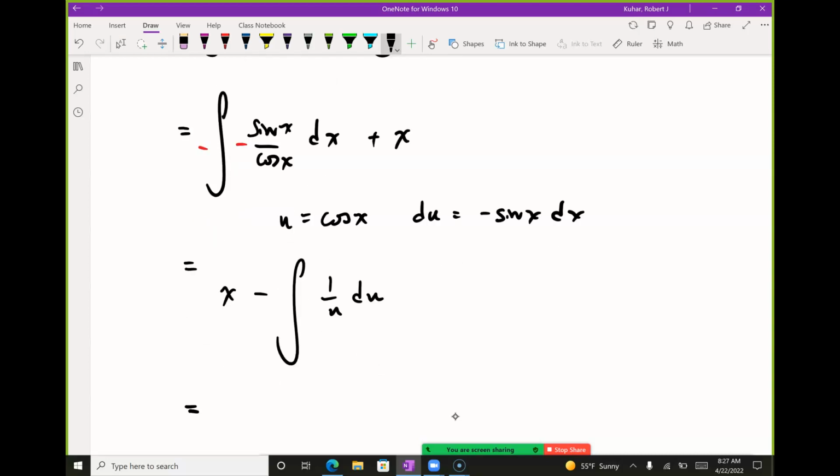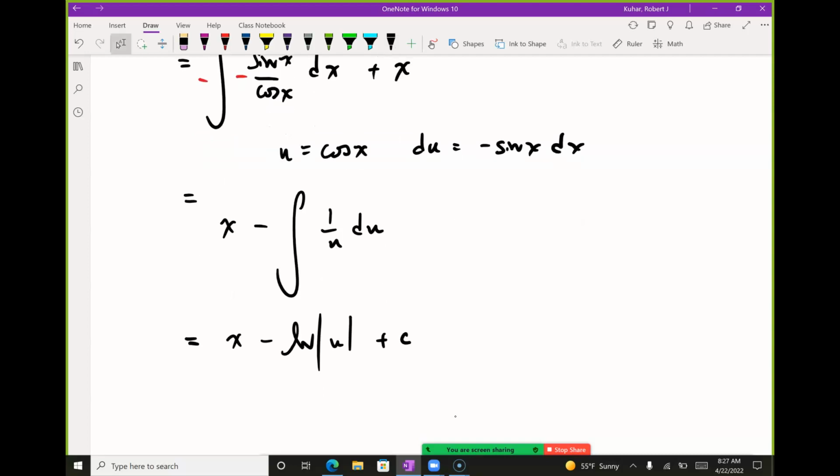And that's, of course, ln of the absolute value of u plus c. But u is cos, right? So absolute value of cos.